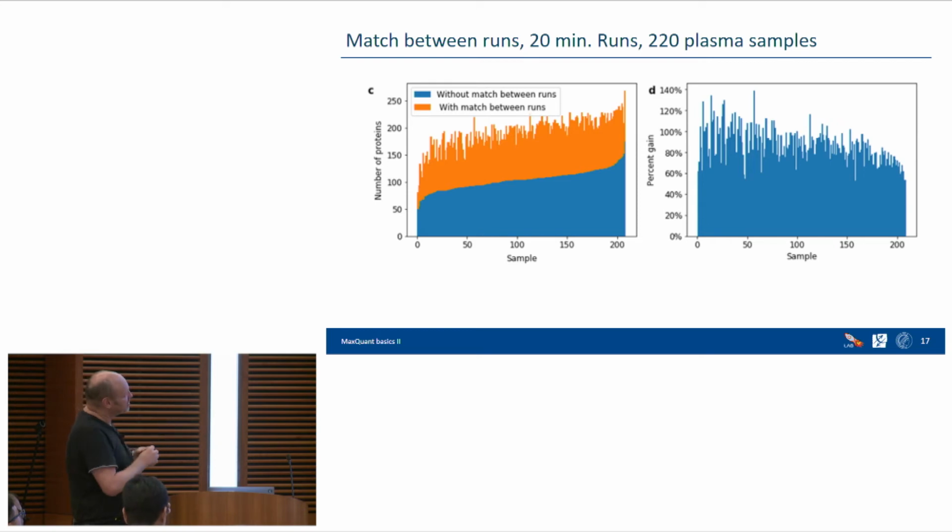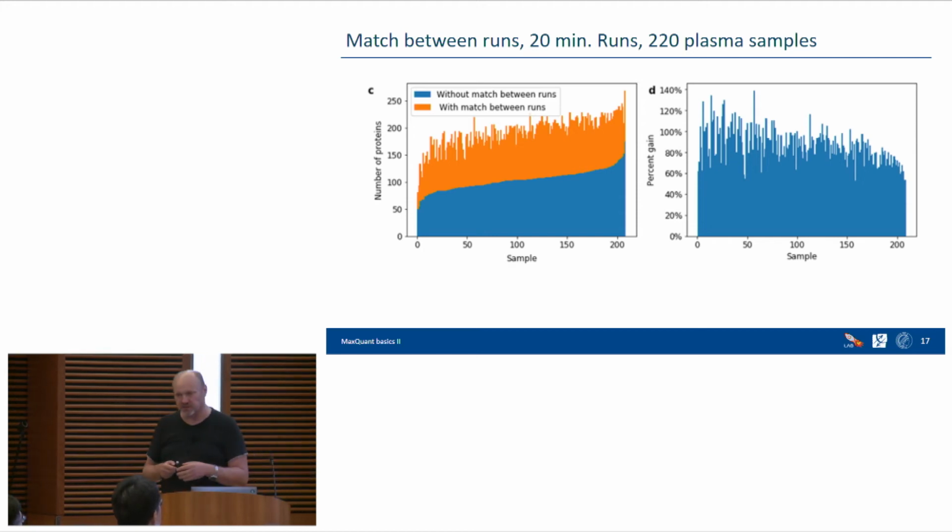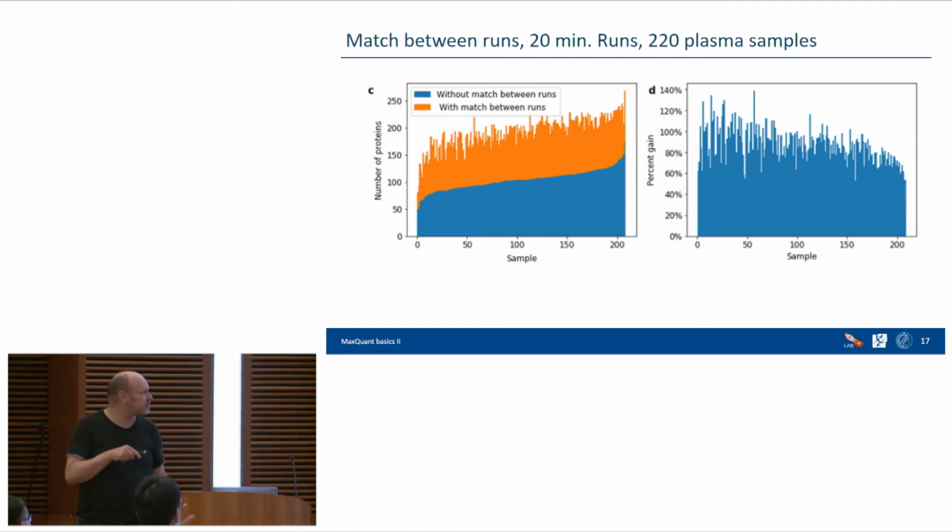And then in orange with match between runs, and on the right you see exactly the gain that you get from match between runs, which is substantial, so reaches 130% in some of the runs, but on average is somewhere in the range of 80% or something like this. So really in these short plasma runs, a really substantial gain in the number of proteins that you see in each of the samples and can quantify there.